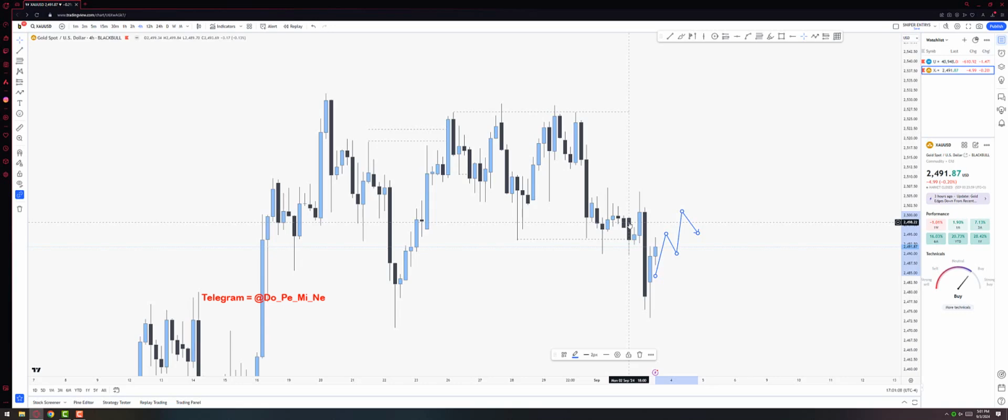Unless you get back into the 1 hour bullish. At that point, you have the 4 hour and the 1 hour bullish. There are a couple of things, like I said, that can help you a lot to maybe mitigate your losses a little bit more. But like I said, spend time on the charts, guys.